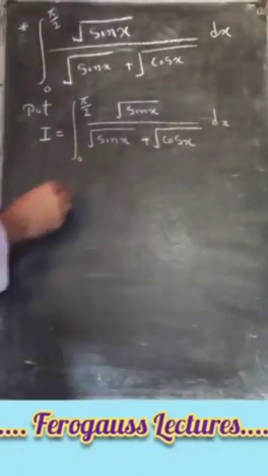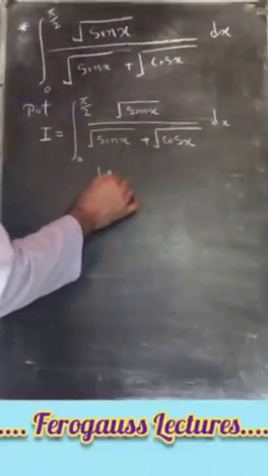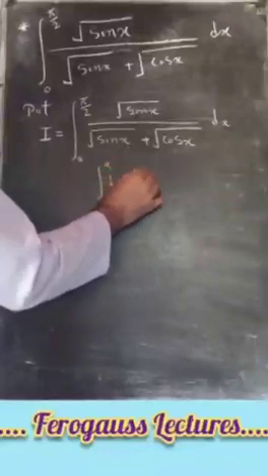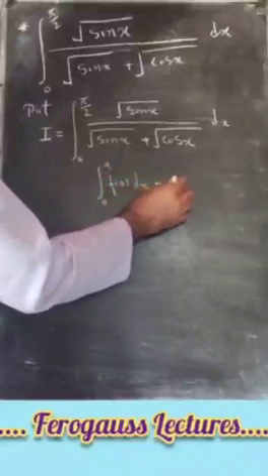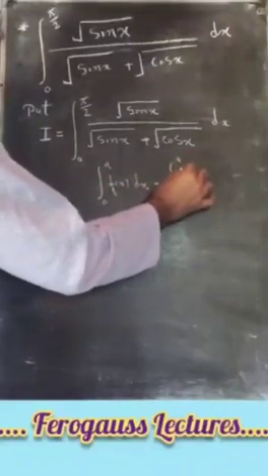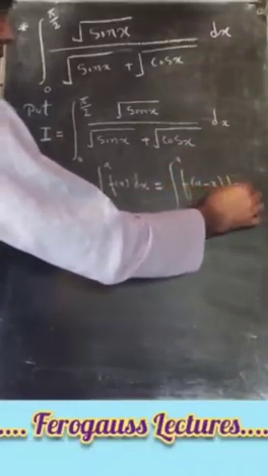Now we know that integral 0 to a f(x) dx is equal to integral 0 to a f of a minus x dx.